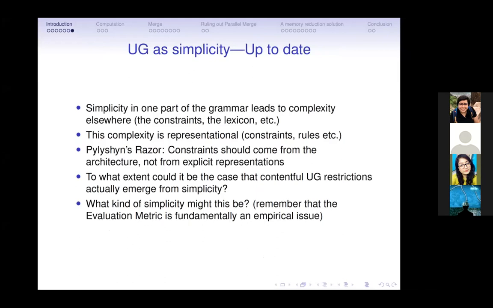And in general, the way that those constraints were stated was what you might think of as representational. You would just write down the constraints and say, there's a set of constraints, essentially knowledge, the speaker's knowledge of their language that would restrict what the possible rules in their language did.